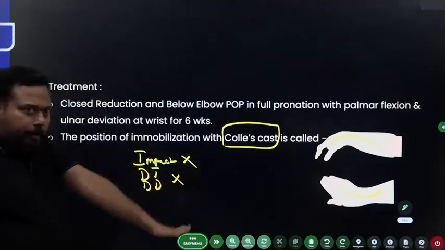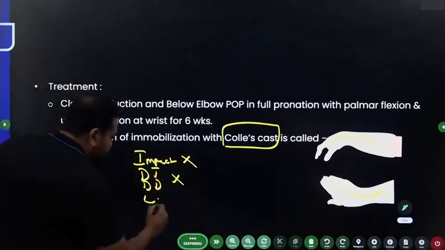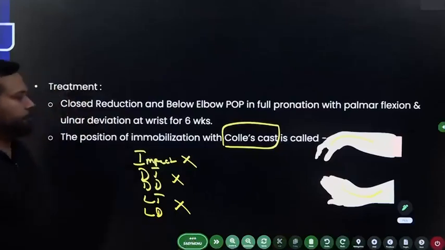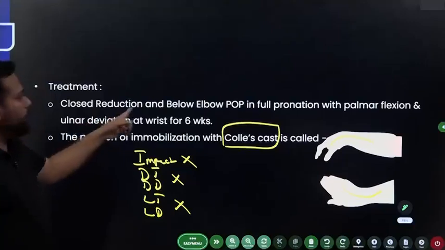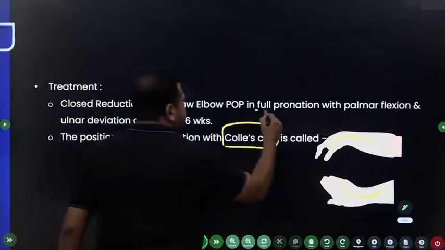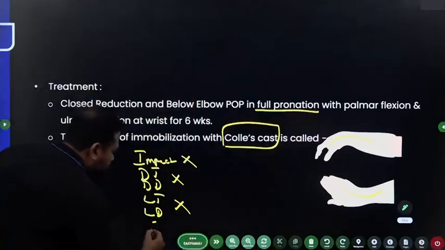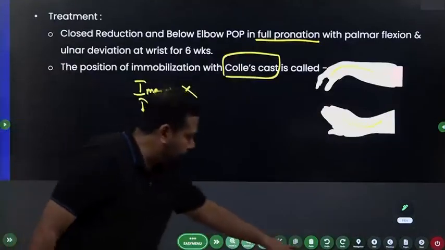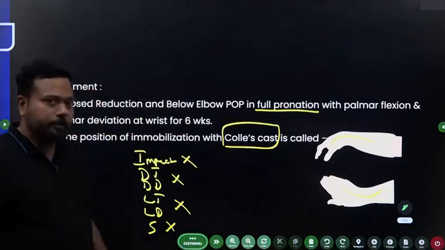You do ulnar deviation, lateral tilt and lateral displacement are neutralized. And you are keeping in full pronation, so supination is neutralized.